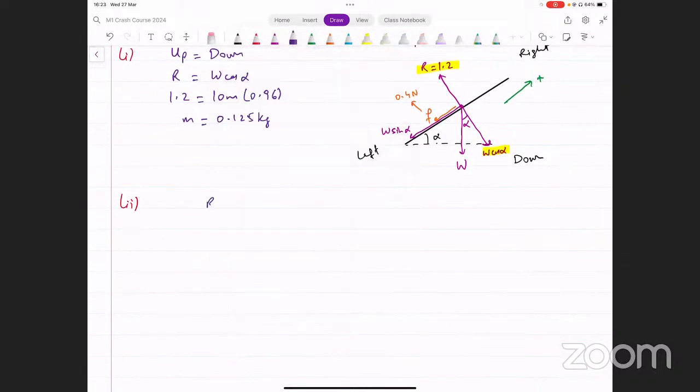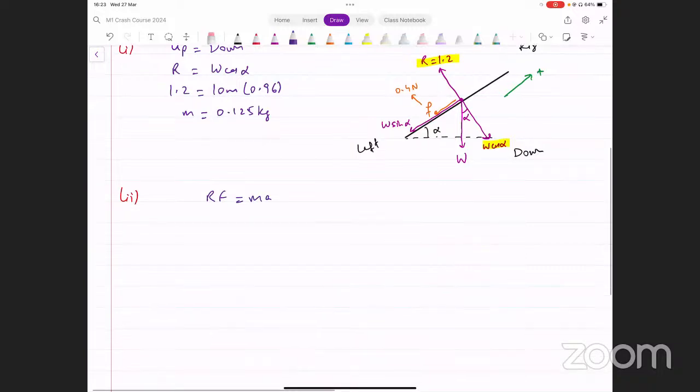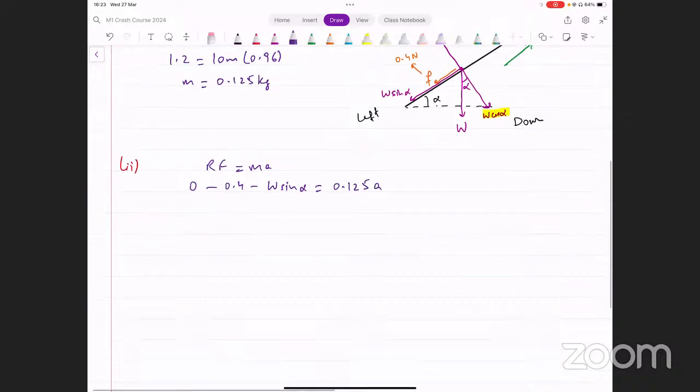We can say resultant force equals mass into acceleration. What's the forward force? In the direction of motion, there's no forward force. We can say 0, or we can just not write anything there. What are the backward forces? 0.4, that's friction, and W sine alpha. This should equal mass, which is 0.125, times acceleration, which is what you have to find out.